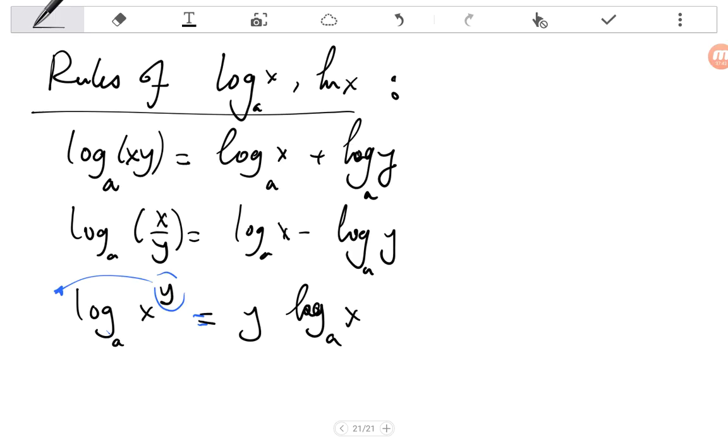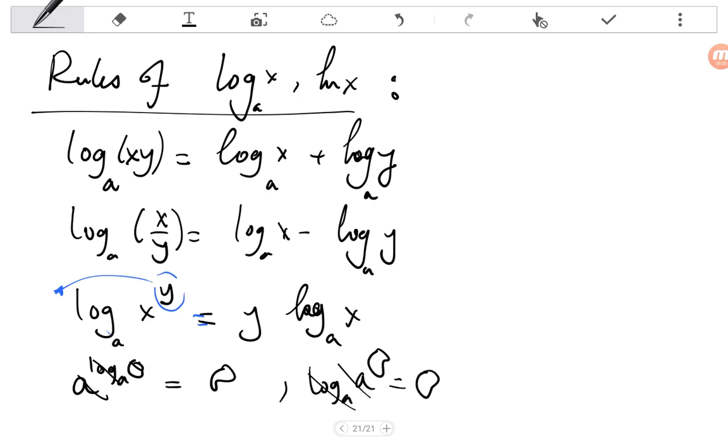And e power log base e of something, these two cancel each other, we get that something, and the inverse, which is log base e of e power something, these two cancel each other to get that something.